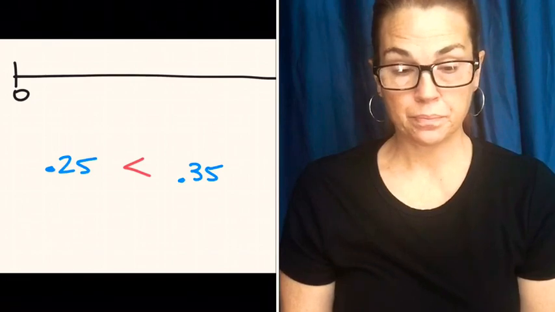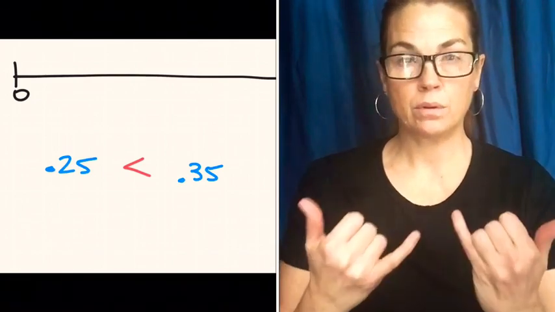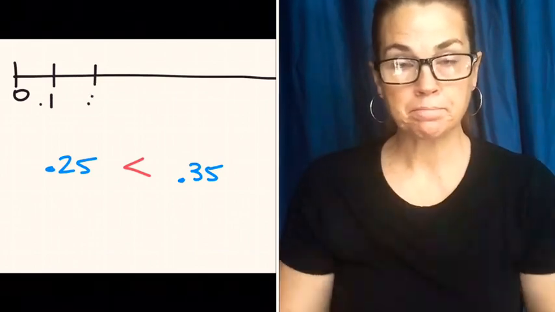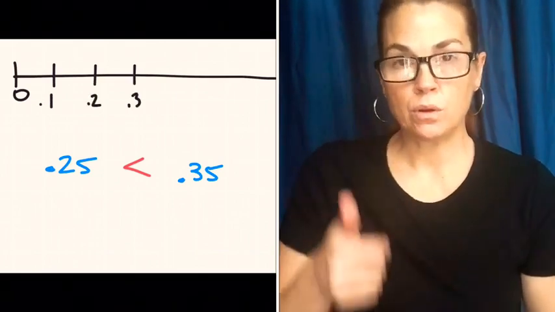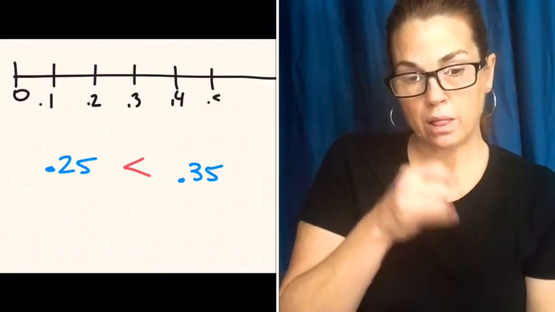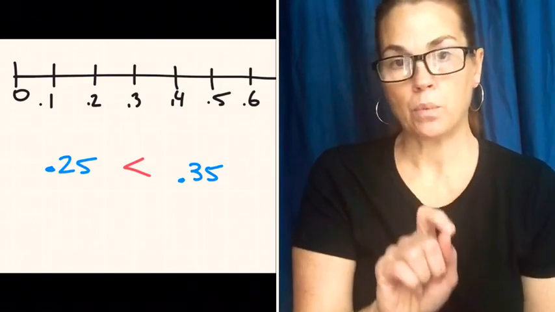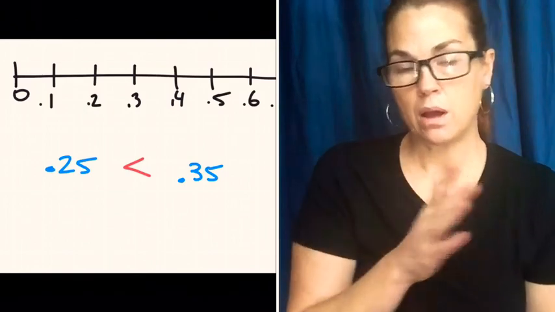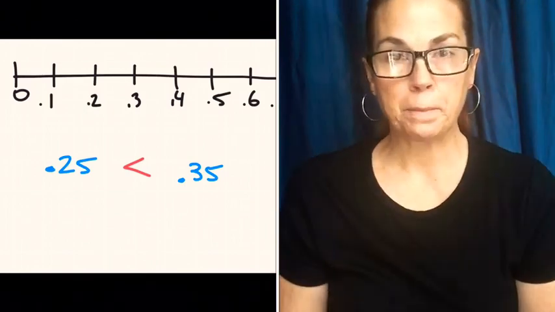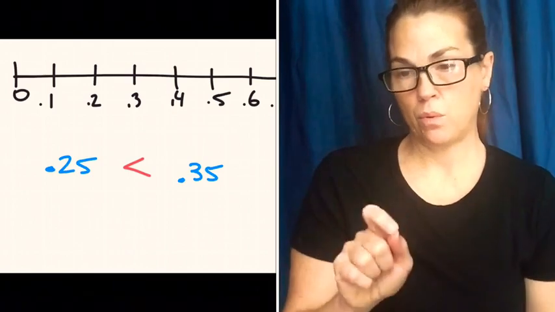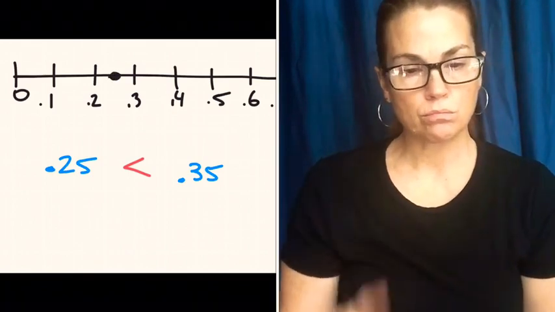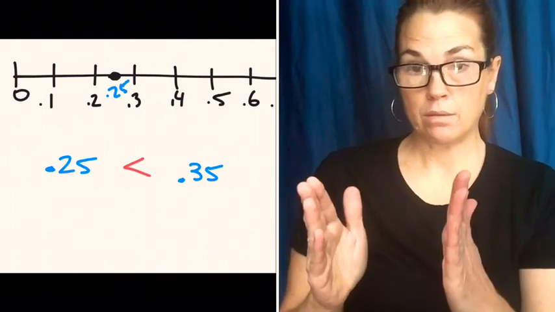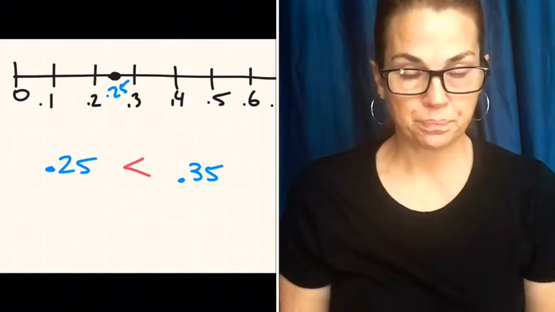So if I said each line, 0.1, 0.2, 0.3, 0.4, 0.5, 0.6, 0.7, and so on, where would 0.25 go? It would go halfway between 0.2 and 0.3. This would be 0.25. And where would 0.35 go? Well, halfway between 0.3 and 0.4.